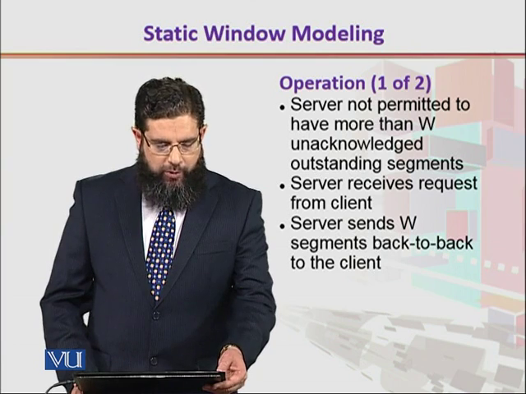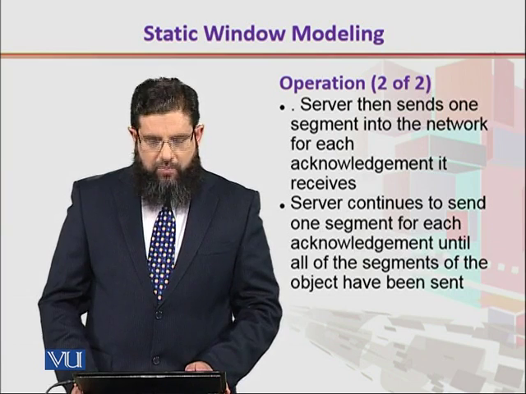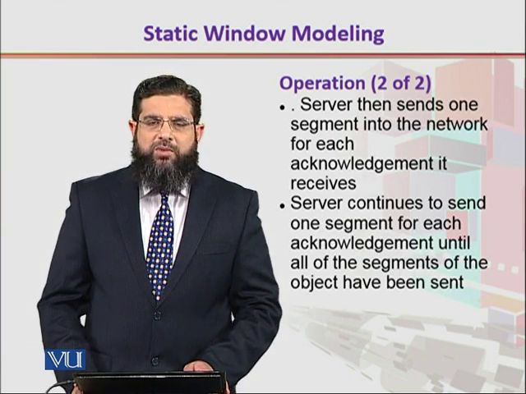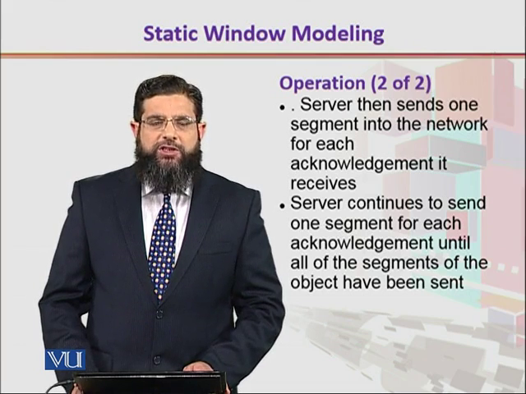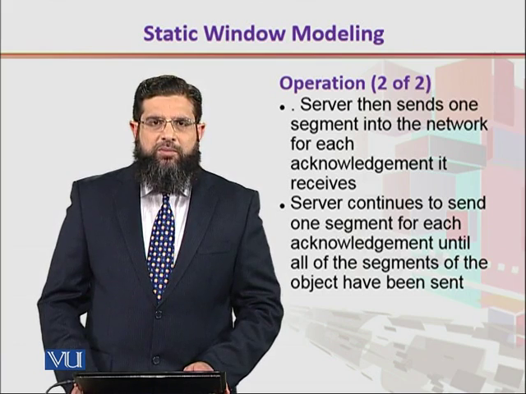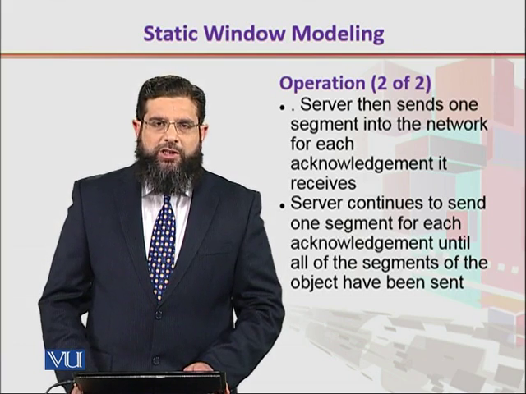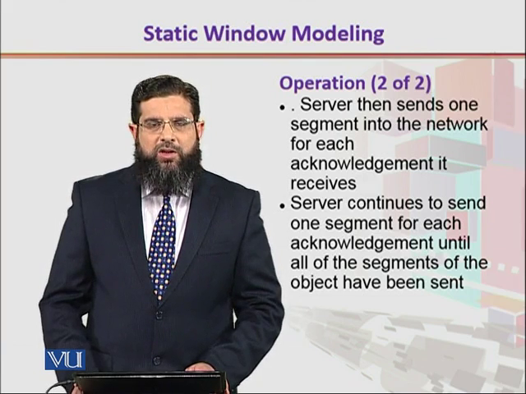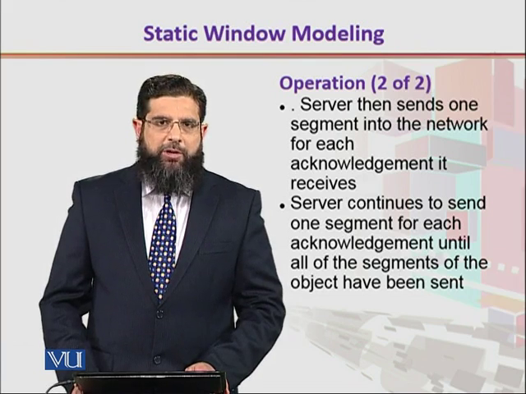It sends the window worth of data. When the receiver, that is the client, receives data, it sends the acknowledgement, and when the first acknowledgement is received at the server, this triggers subsequent transmission of segments. So again, the transmission starts from the server end, segment by segment.